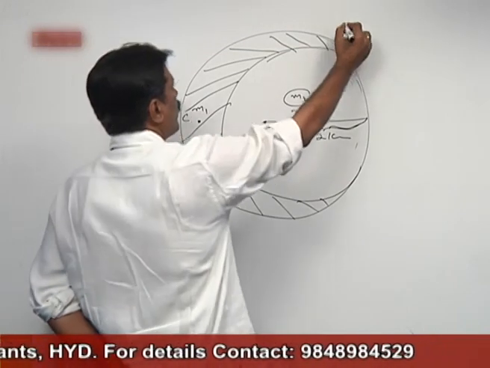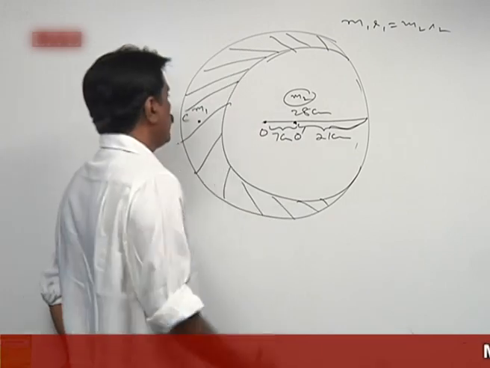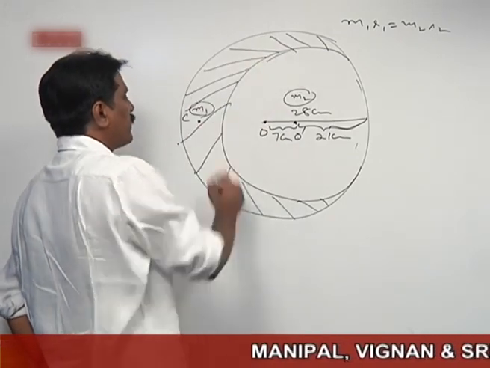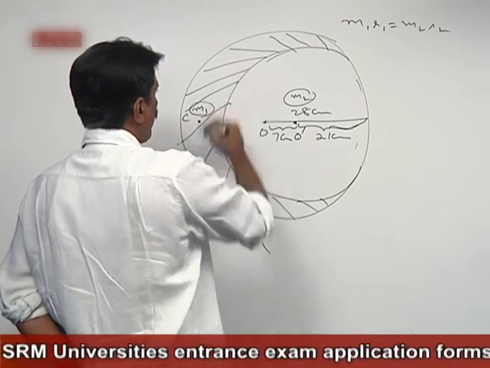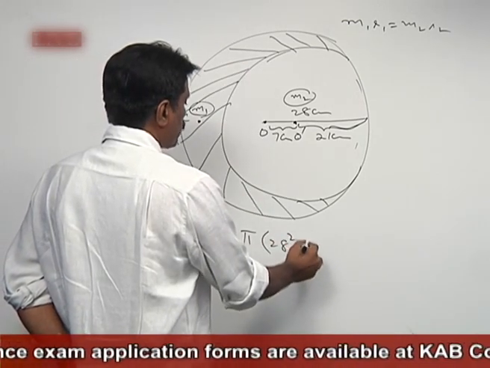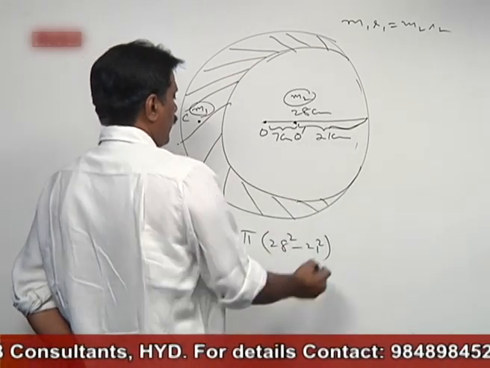Now, apply the same formula: M1 R1 is equal to M2 R2. M1, the mass of this plate, is proportional to its area, which is pi into 28 square minus 21 square, the total plate minus this plate area.